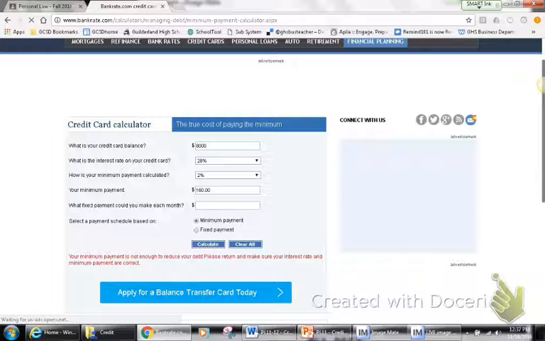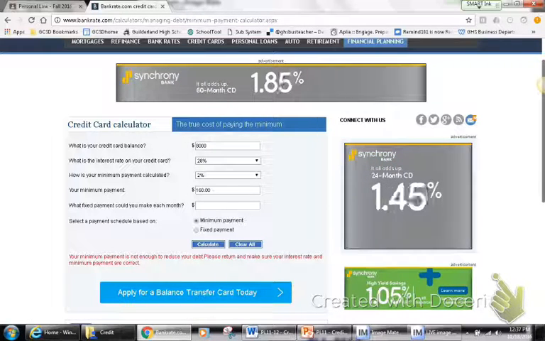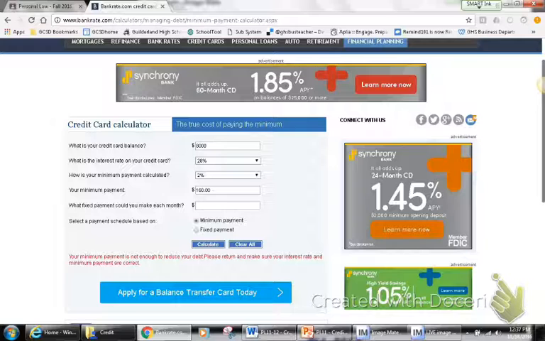Oh, so this is what it's saying: your minimum payment is not enough to reduce your debt. Please return to make sure your interest rate and minimum payment are correct. So that's where that problem is. Okay, so I'm going to change my instructions to just leave it as your minimum payment is calculated as the interest rate plus 1%. I have to change this. My assignment is wrong. My bad.